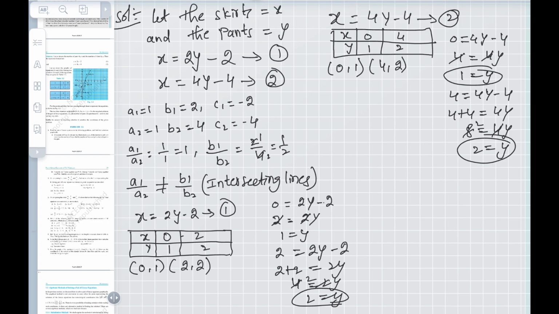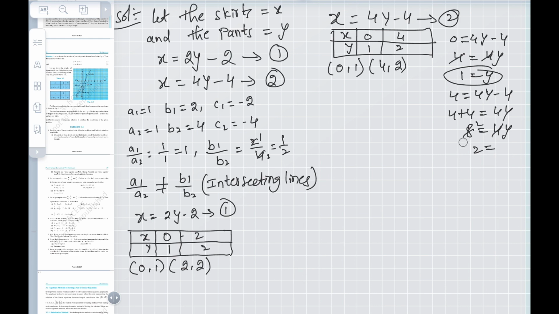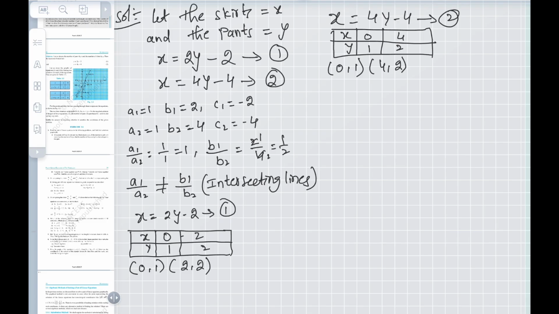So let us plot the points in the graph. Draw the graph. Observe the points 0 comma 1 and 2 comma 2. So all positive values only. Vertical line is the y-axis, horizontal is the x-axis, x dash.